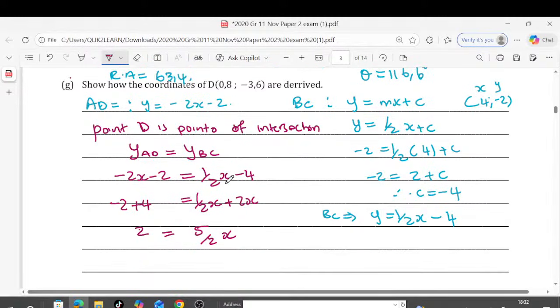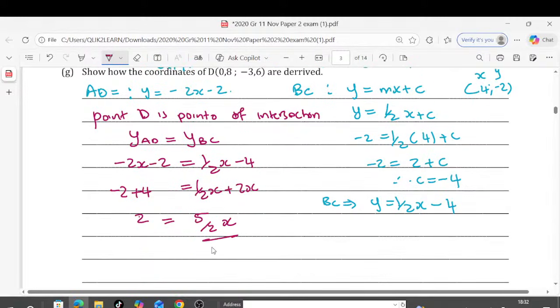Let's make x the subject of the formula. I can divide both sides by 5/2. Therefore, x is just, I know that the 2 on top is just 2/1. We change the division to multiplication, so this will be 2 over 5. So the x is just 4/5.